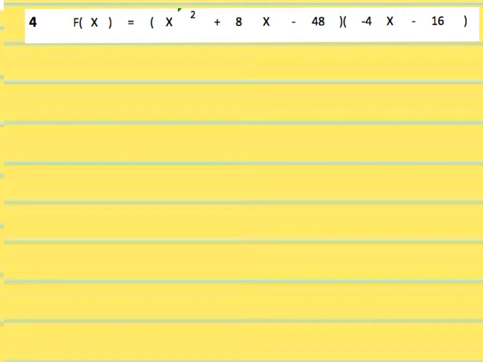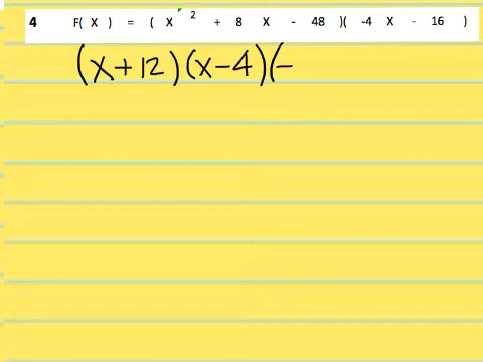For this problem, we're going to have to break up the first quantity, and the way you can do that is x plus 12 times x minus 4, and then negative 4x minus 16 stays along.